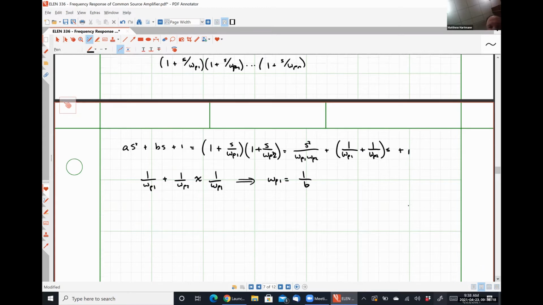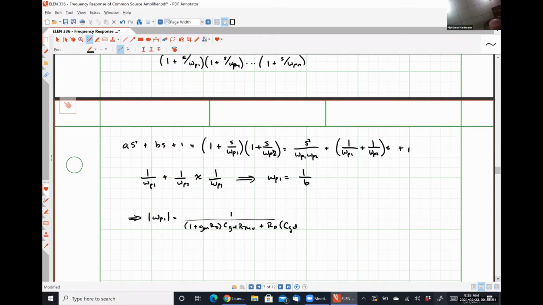So our first pole frequency is equal to 1 over 1 plus GM RD times CGD, plus RThev plus RD times CGD plus CDB, plus RThev times CGS. So that is our first pole.